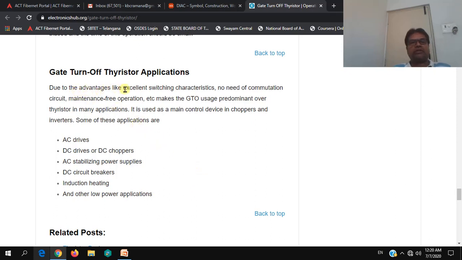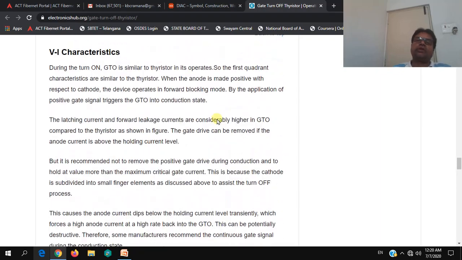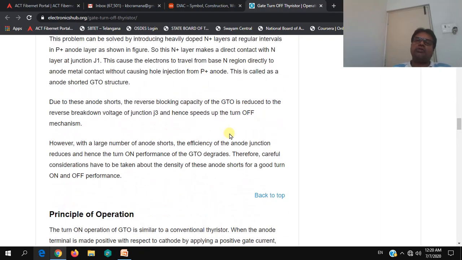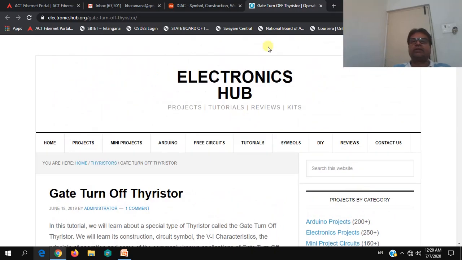Due to advantages like excellent switching characteristics, no need of a commutation circuit, and maintenance-free operation, GTO usage is predominant over thyristor in many applications. So that is all for now on GTO, the gate turn off thyristor.